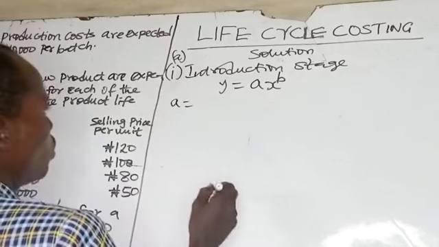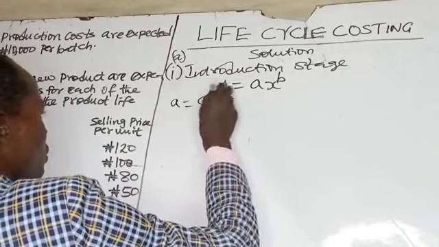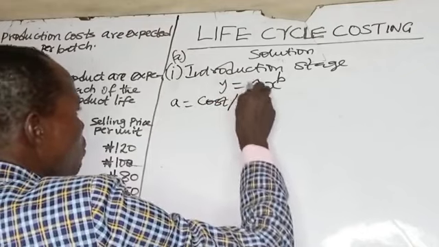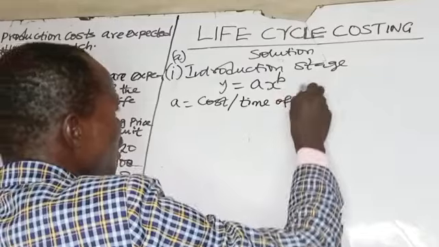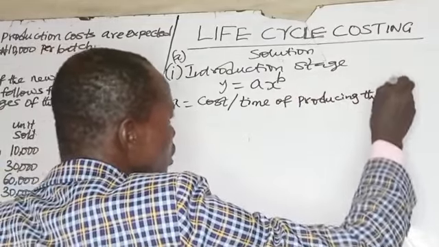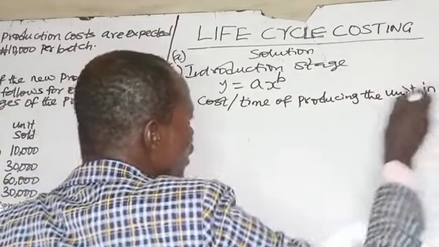A equals the cost or time of producing the unit in the first batch.